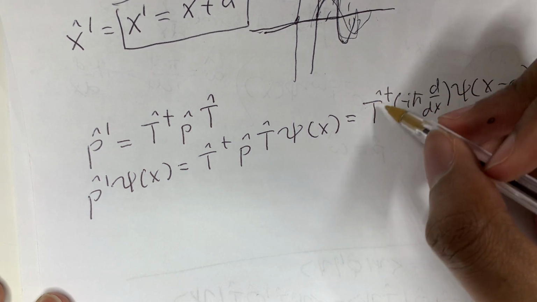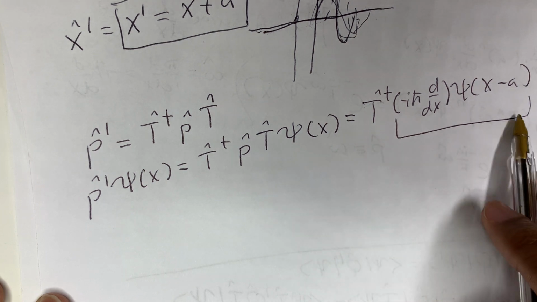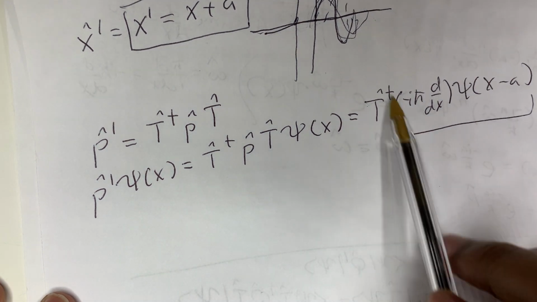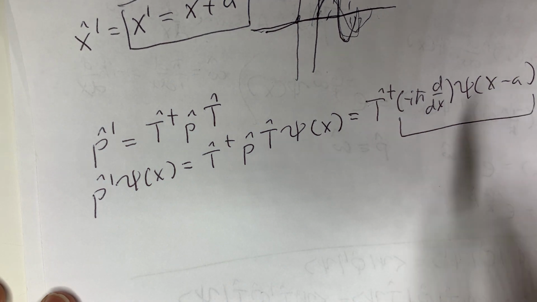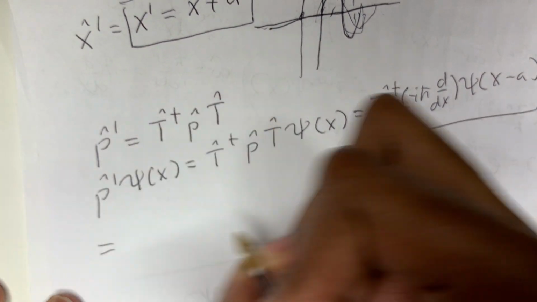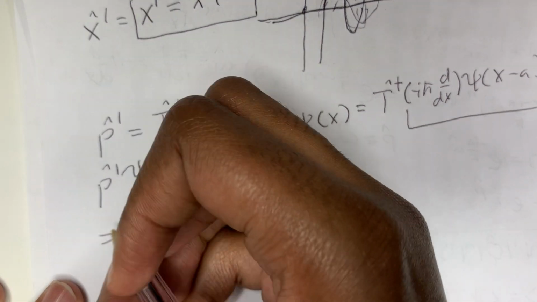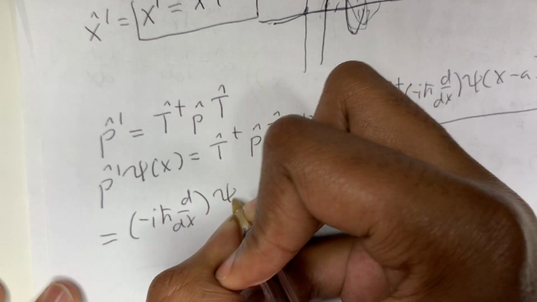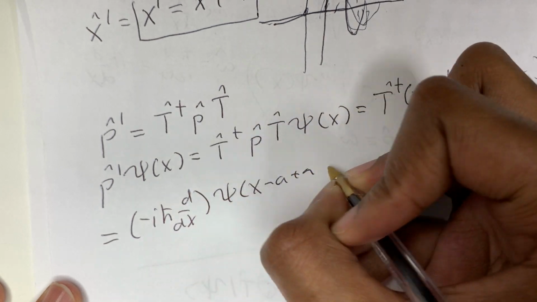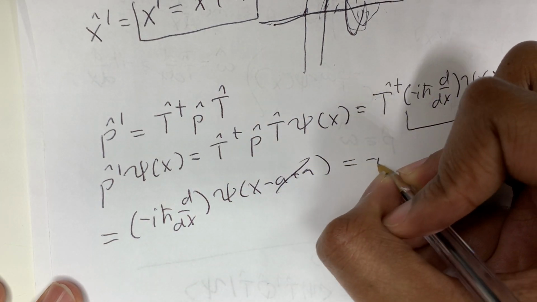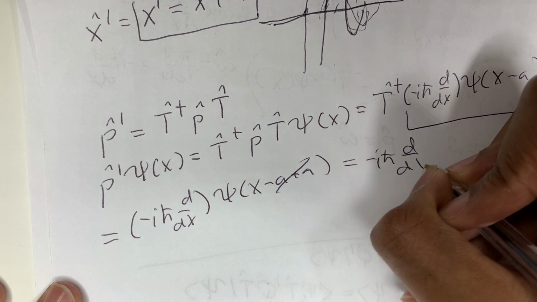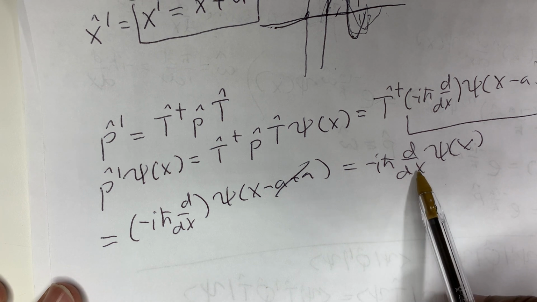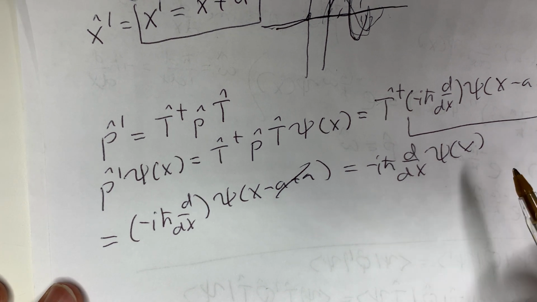And now we have t hat dagger acting on all of this. So again like before, we just treat this as a new function and change the x to x plus a. This gives us minus i h bar d over dx times psi of x minus a plus a. The a's cancel out, and you get minus i h bar d over dx psi of x. You don't change the x in the derivative because it's not an x, it's d over dx, right?